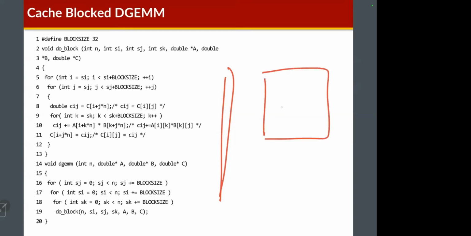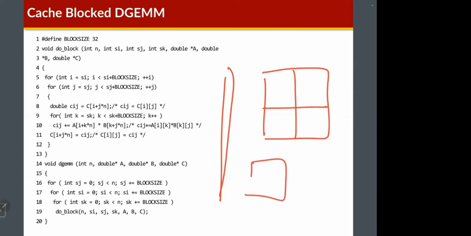This is the improved matrix multiplication algorithm. With it, the large matrix is split into smaller sub-matrices, and these are used for computing the elements of the result matrix C.